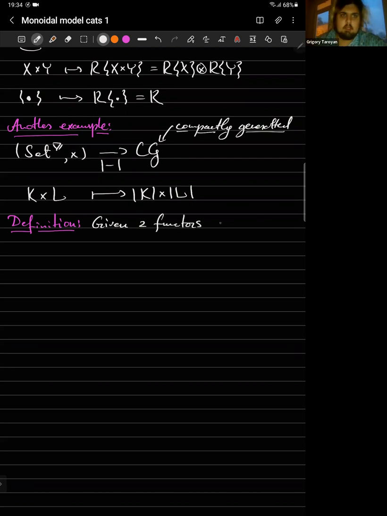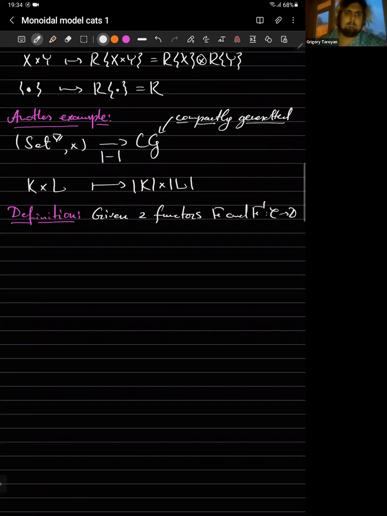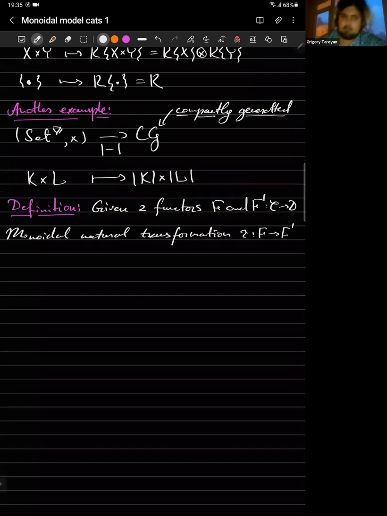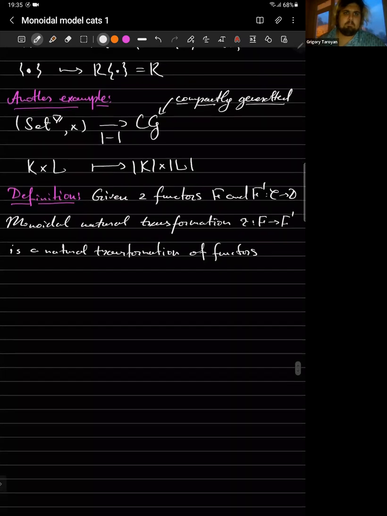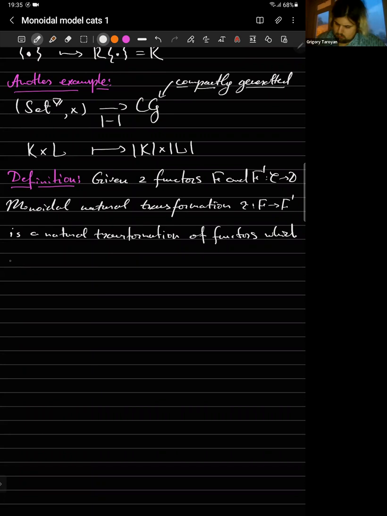Given two functors f and f prime from C to D, monoidal natural transformation tau from f to f prime is a natural transformation of functors which is compatible with M and alpha. And that means that we have the following.